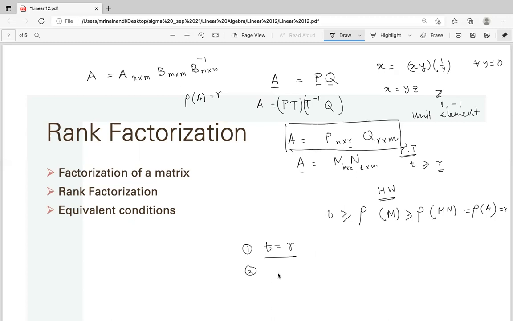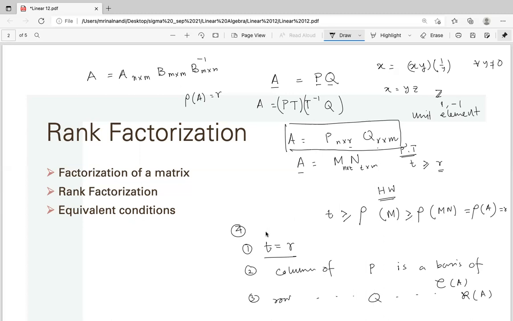And the next condition is the columns of P are a basis of the column space of A. Similarly, the rows of Q are a basis for the row space of A. And one more equivalent condition is this: since all the columns of P are independent, that is called full column rank.